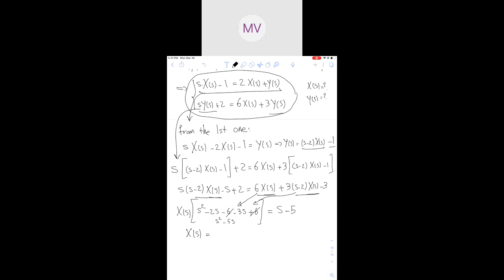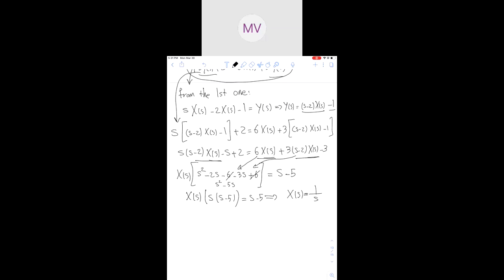So that's s times s minus 5. Oh, multiplication, what am I doing? So that's multiplying. Let's erase it. So s times s minus 5, and the right side is also s minus 5. So this is very nice. s minus 5 cancels, so x of s is 1 over s.